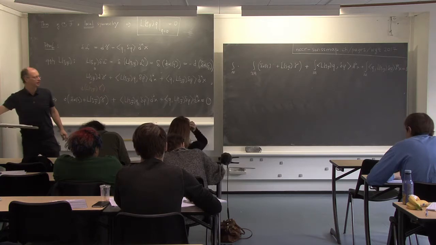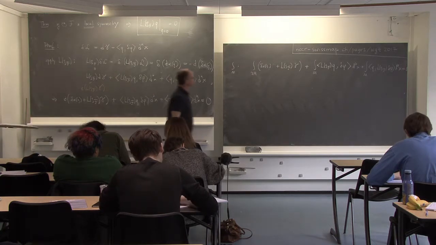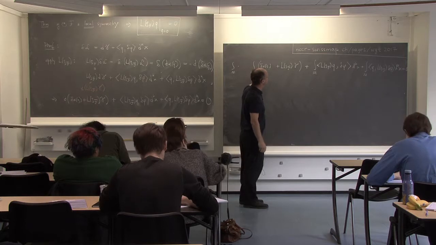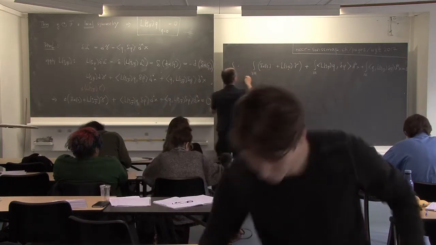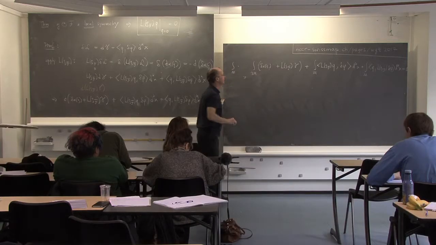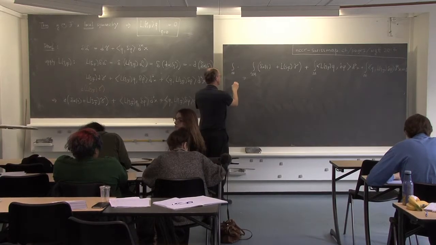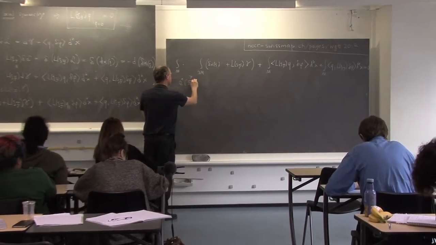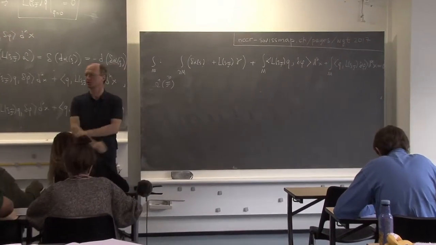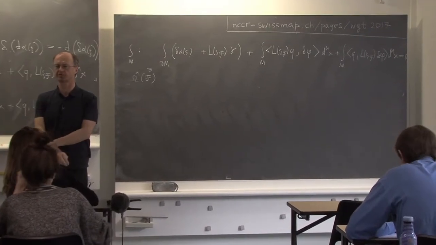Now let's do the following. So this is an equality now, which lives where? I think it lives in 1-forms on F, right?